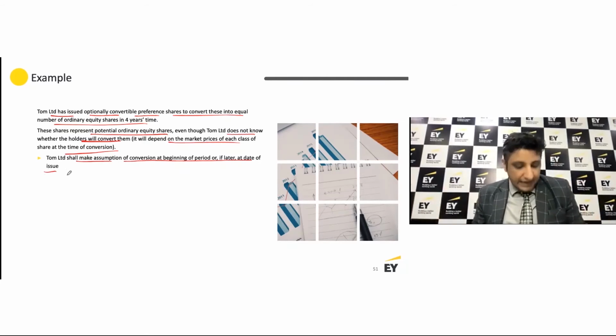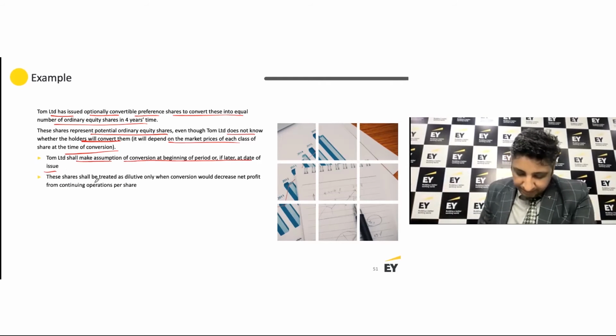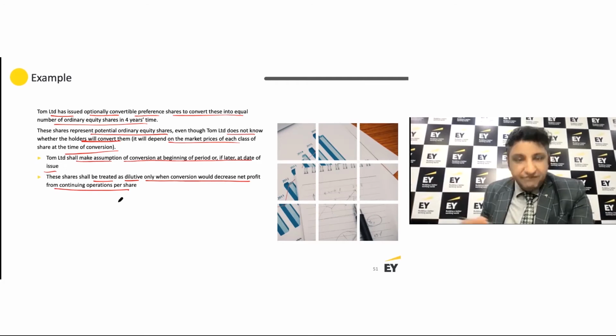take place either at the start of the period or the date of the issue, whichever is later. And accordingly, these shares are only treated as diluted if they are expected to decrease the profit per share. You're referring to the basic EPS.